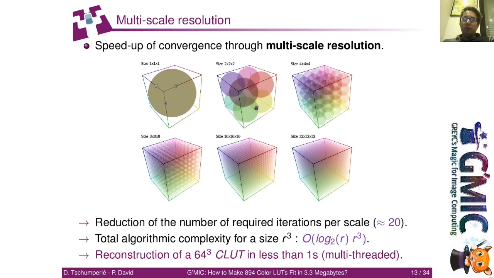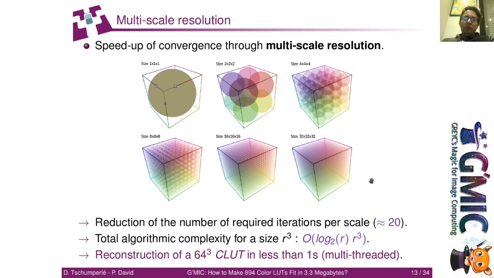Then we apply some iterations of our diffusion PDE, then again upscale the result by a factor 2, and iterate the diffusion PDE, and so on until the CLUT has been reconstructed at the desired resolution. This multi-scale technique ensures that the initial estimate of the diffusion process at a given scale is always good enough. In practice, this greatly reduces the number of iterations required to converge to the steady-state solution at each scale.